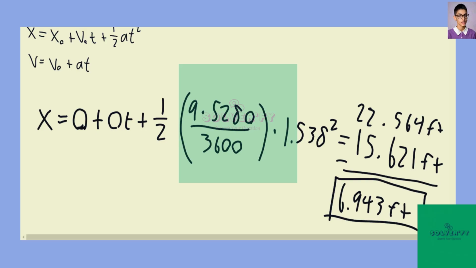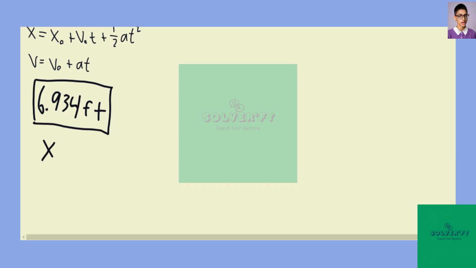So at some position, we're going to have the bike's initial position plus its velocity times t plus 1/2 a t squared of the bike.